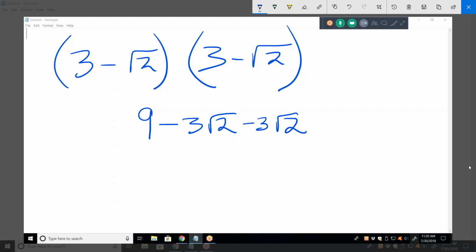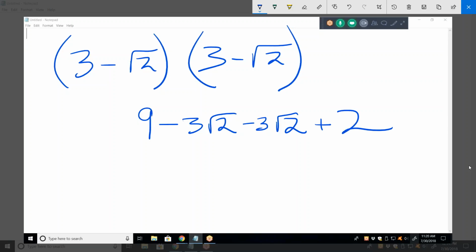And finally, the last term, the L of FOIL: negative root 2 times negative root 2. Sign first. Give me the sign of the answer first. Is it positive or negative? Positive. What's the number? What's root 2 times root 2? 2.